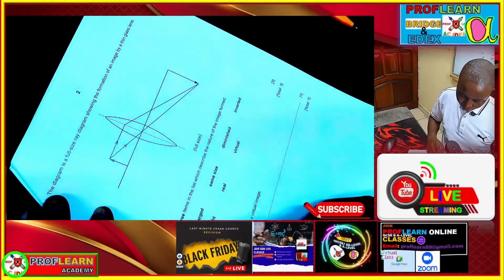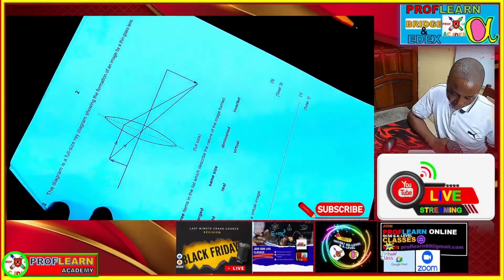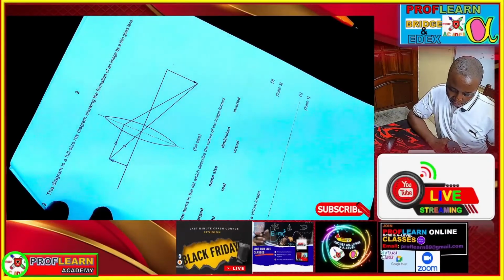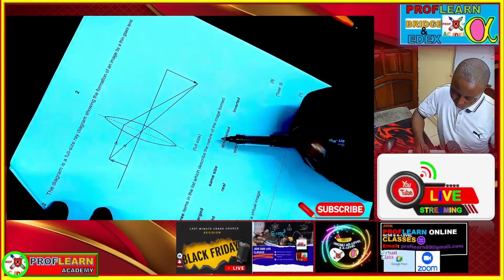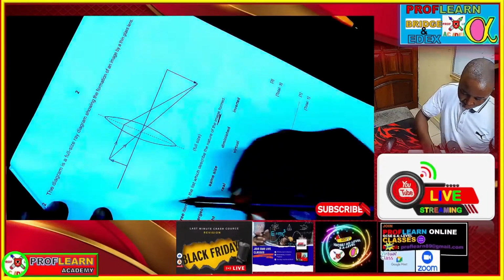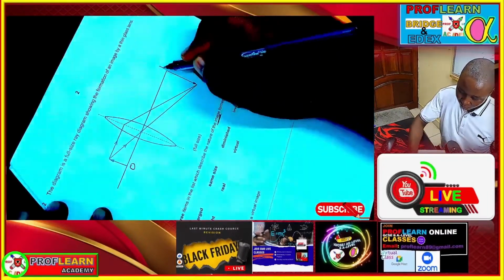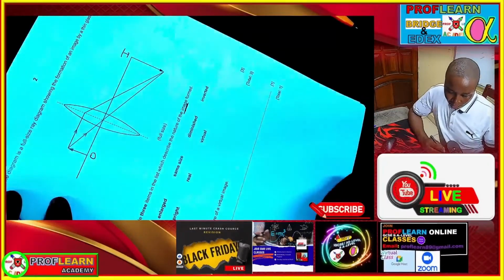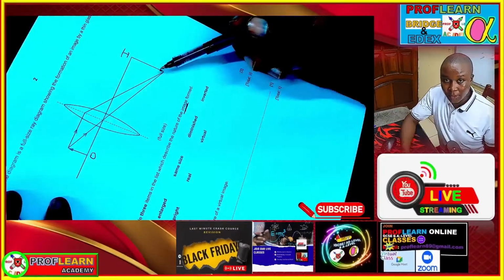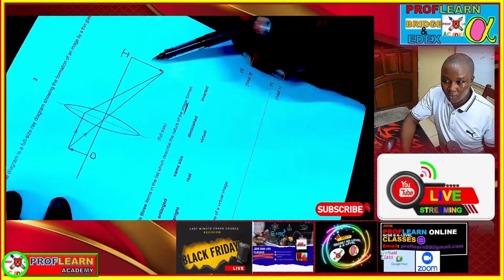So now here we have the object. The diagram is a full-size ray diagram showing the formation of an image by a thin lens. Then circle the items which describe the nature of the image formed. So we have the object and then we have the image here, which means we can pick a few things about this image.